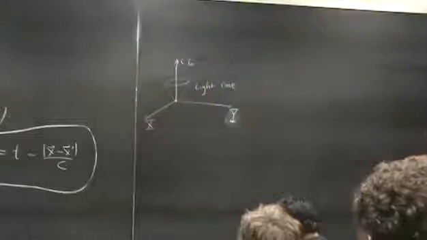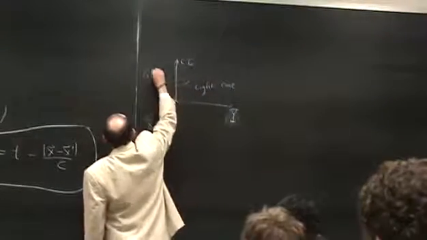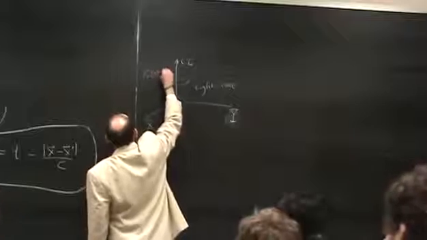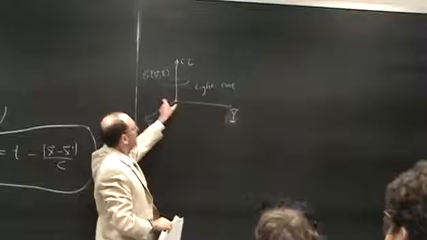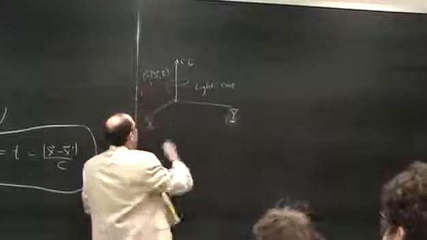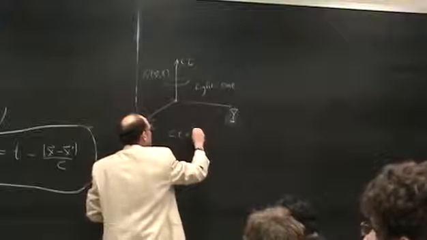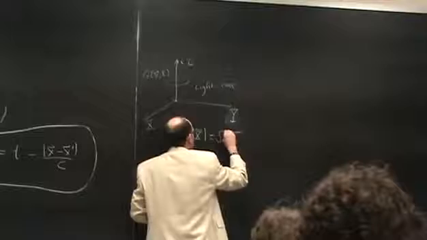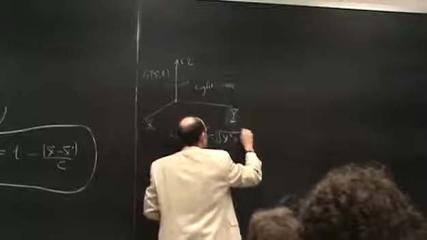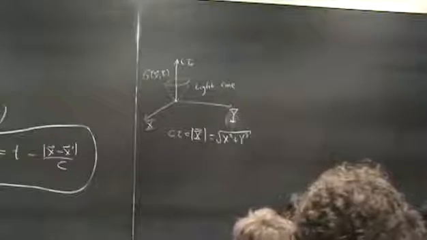That is to say, the Green's function is non-zero only when ct is equal to the magnitude of x, which in 2D is the square root of x squared plus y squared.